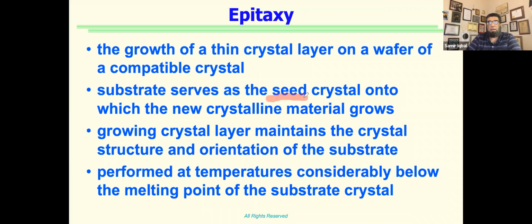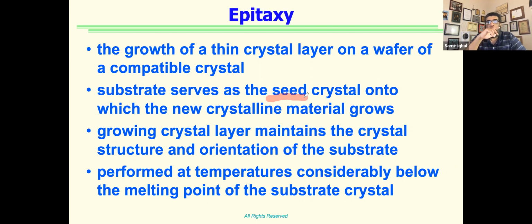If I have a wafer whose crystalline structure is way different from what I want to grow, it will not work, or there will be lots of defects, which will not be good for my device. So we need a seed crystal on which the new crystalline material will be grown.